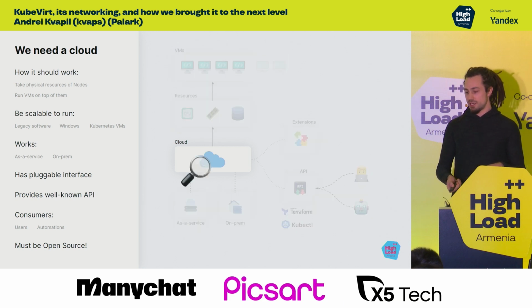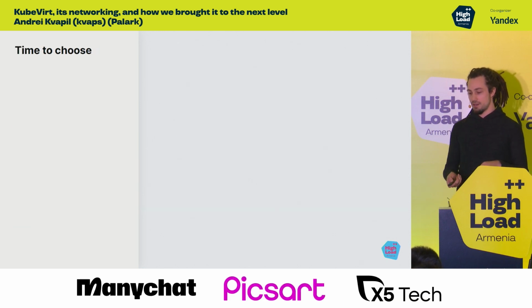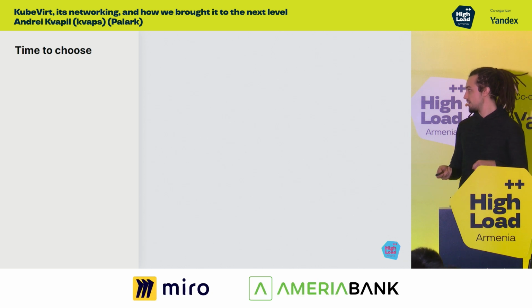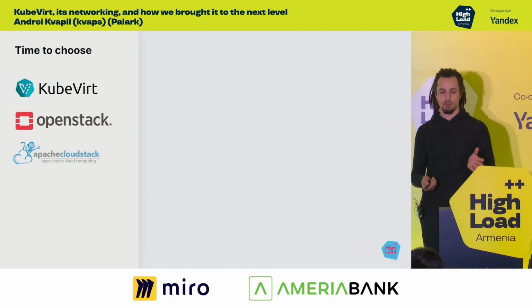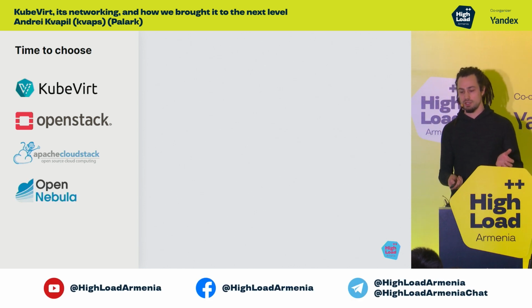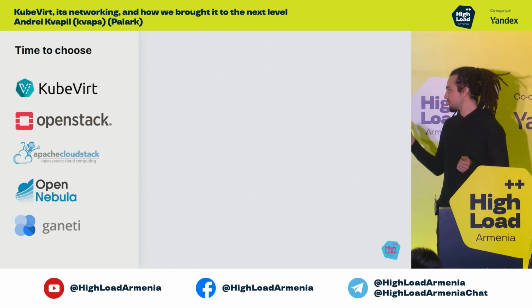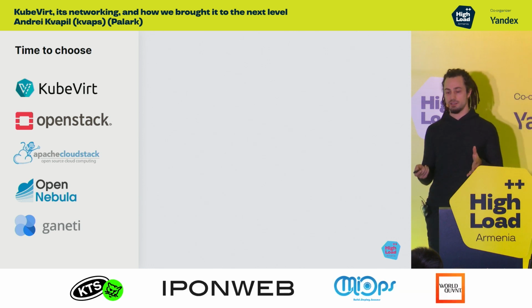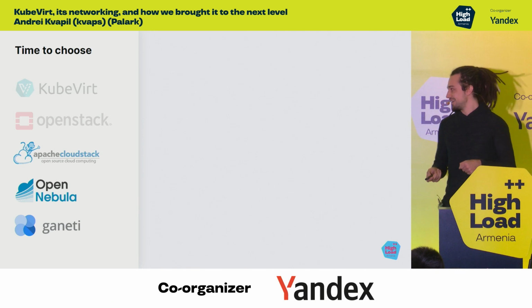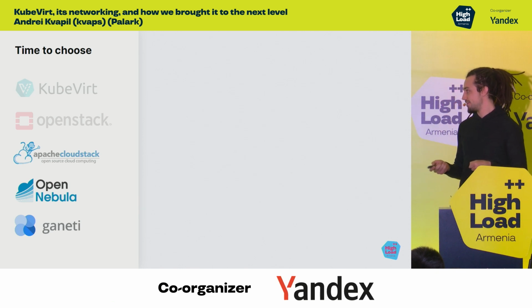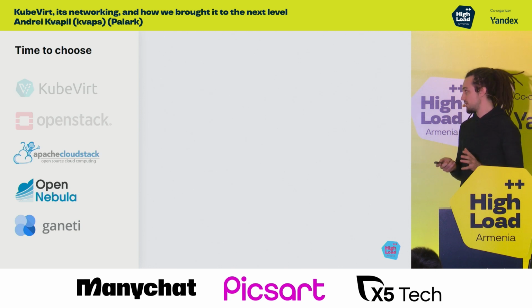Okay, so what kind of solutions did we consider? We were choosing between open source solutions only, because we contribute to open source a lot. And we considered a few solutions before we started thinking about which one we could use. Okay, those three are less popular, but they're also interesting.